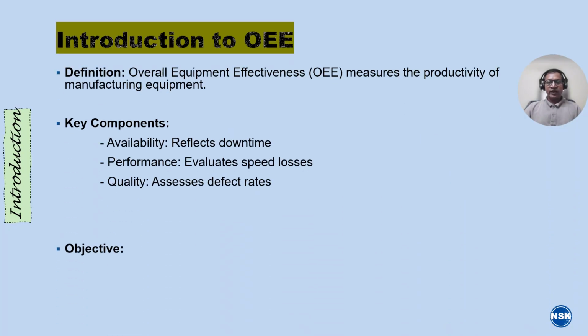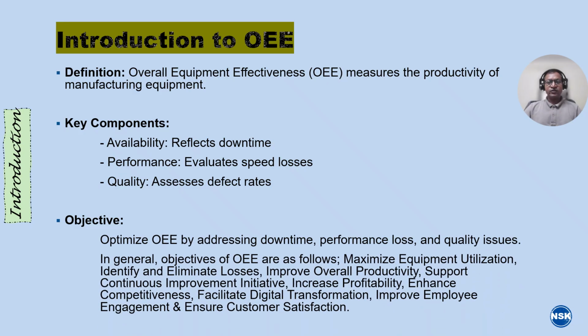OEE, overall equipment effectiveness, is a way to measure how well a machine or a production process is working compared to its full potential. It shows how much of the time the equipment is actually being used effectively to produce good products.